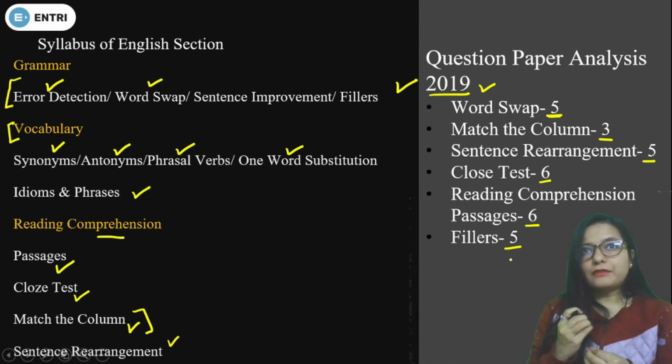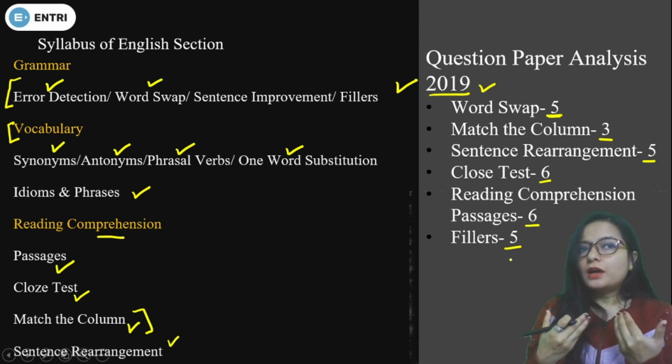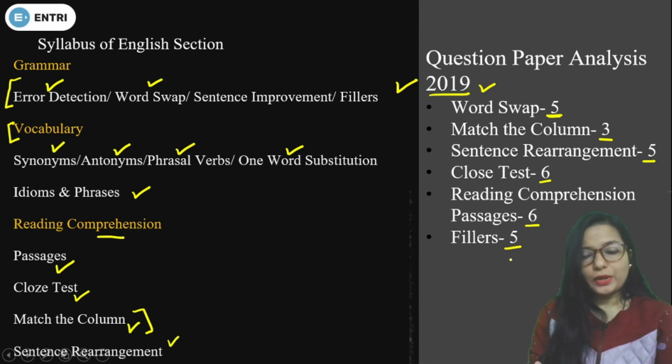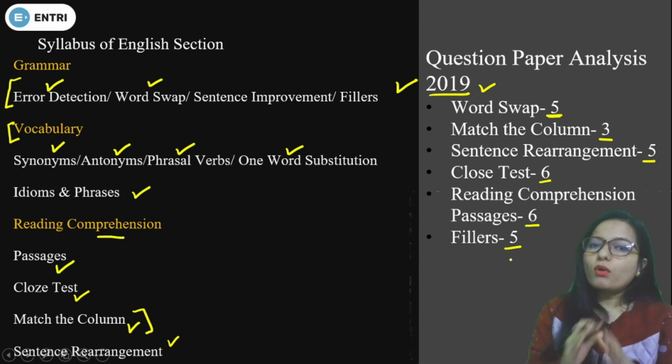Obviously you will have some easy questions, some moderate questions, and some questions which can be complicated for you. So you must be prepared for all sorts of questions.